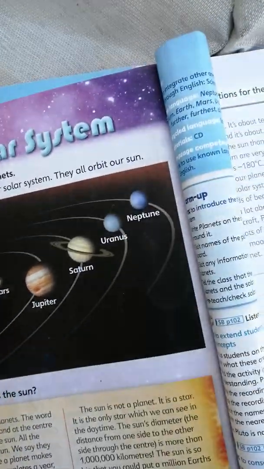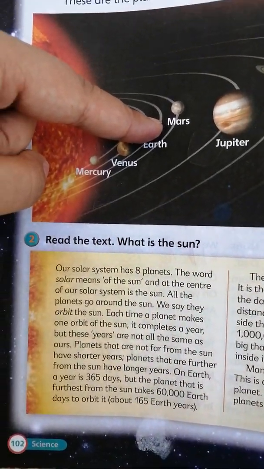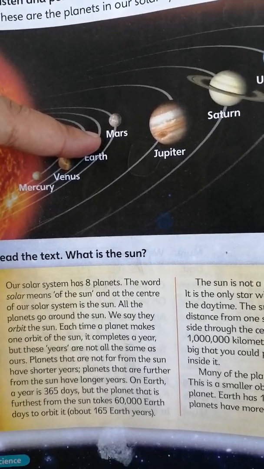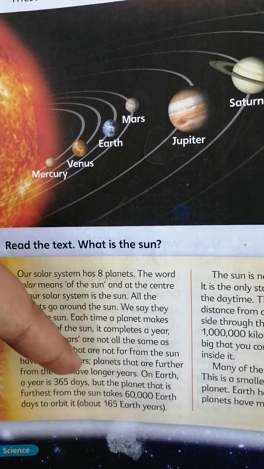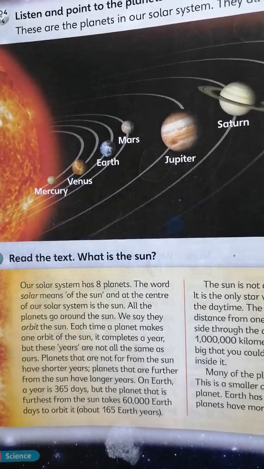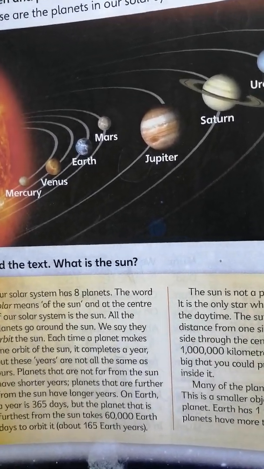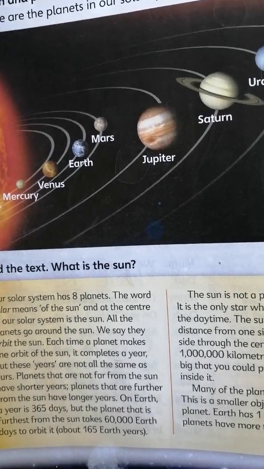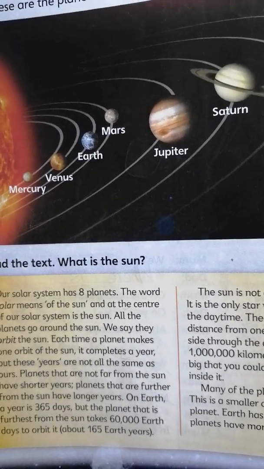On Earth, our planet, and the third one, a year is 365 days. Yeah, because we have 12 months, and in each month, 30 or 31 days. All comes to 365 days.